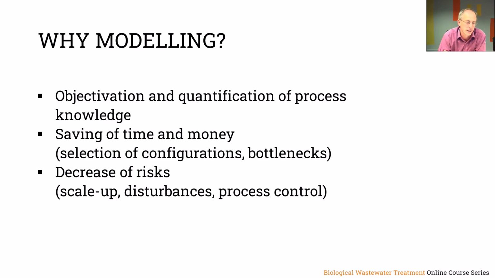The third is decrease of risk. You can decrease risks, especially in decisions, because you can evaluate with models what will happen if. So you can get an idea what will happen if the flow rate doubles. What's the effect on the effluent concentration? Or what will happen if this or that happens?